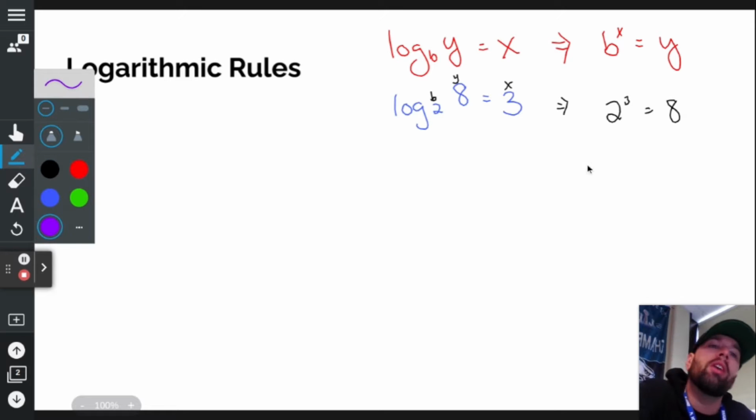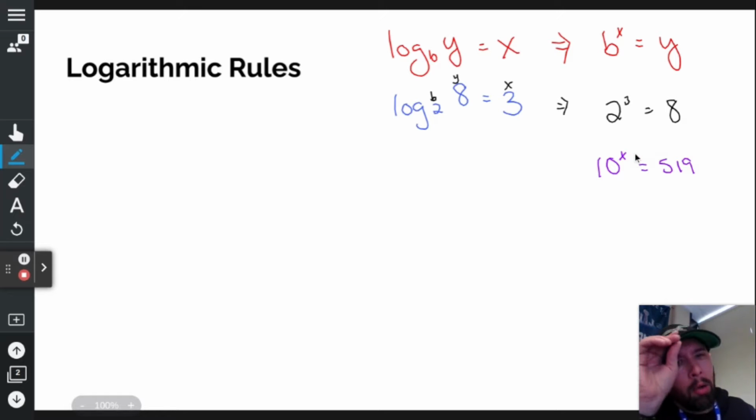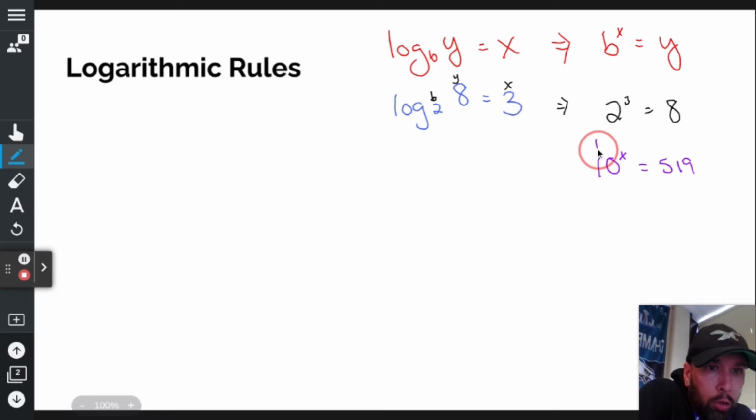Way number two is I give you exponential form, something like 10 to the x equals 519. Now this is a calculator type of problem, but you get the idea. Let's call you b, and let's call you x, and let's call you y.